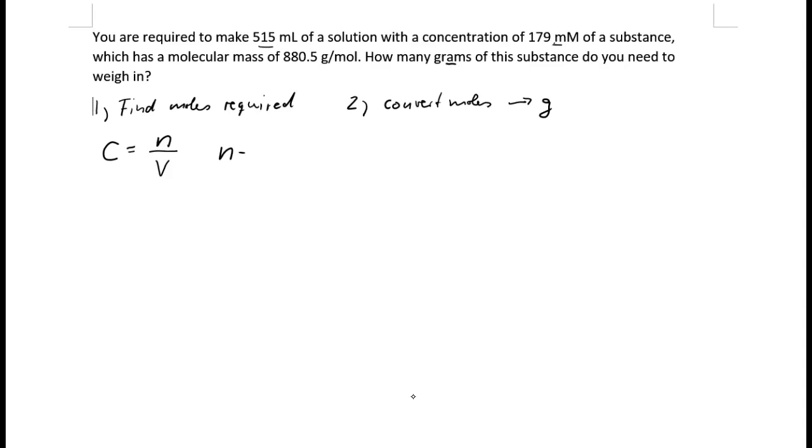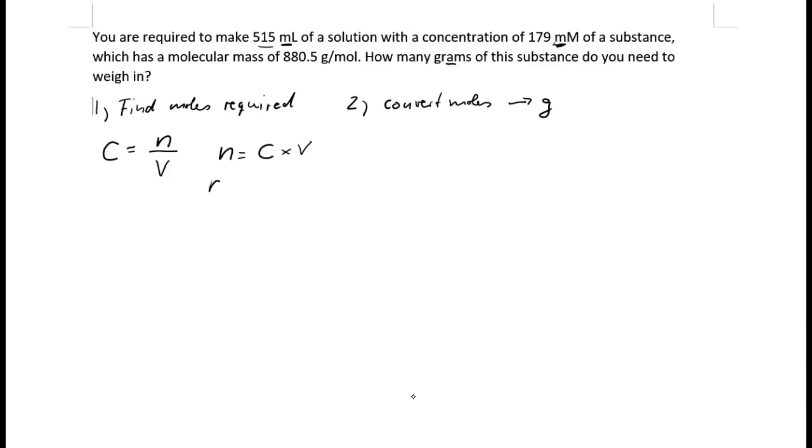So n equals C times the volume. And we can put in our numbers. We need to be mindful that we've got molar and milliliter here, so we need to take that into consideration.